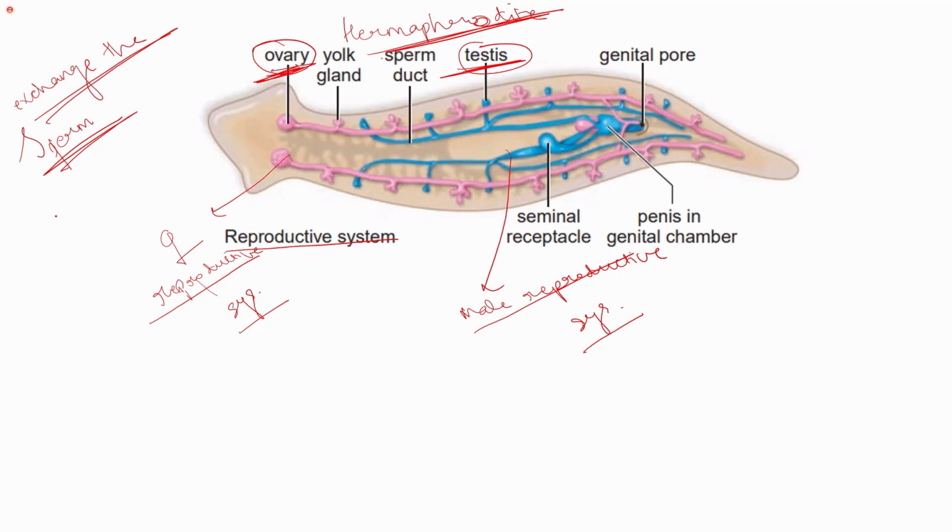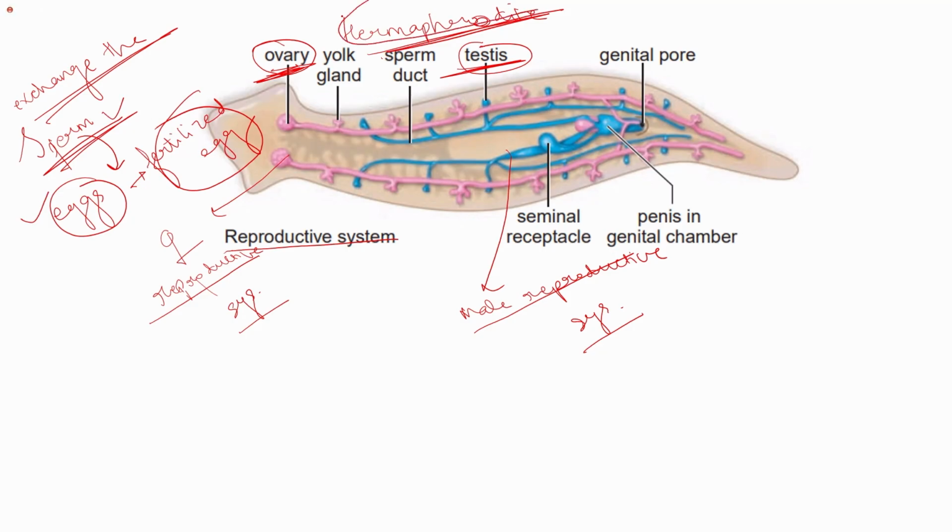These eggs are fertilized by the exchanged sperm. This leads to the formation of a fertilized egg. So this fertilized egg is formed by cross-fertilization. That is, the sperm is of one organism and the egg is of another organism, being hermaphrodites. We need to remember that both are present in the same organism, but cross-fertilization happens in these organisms.